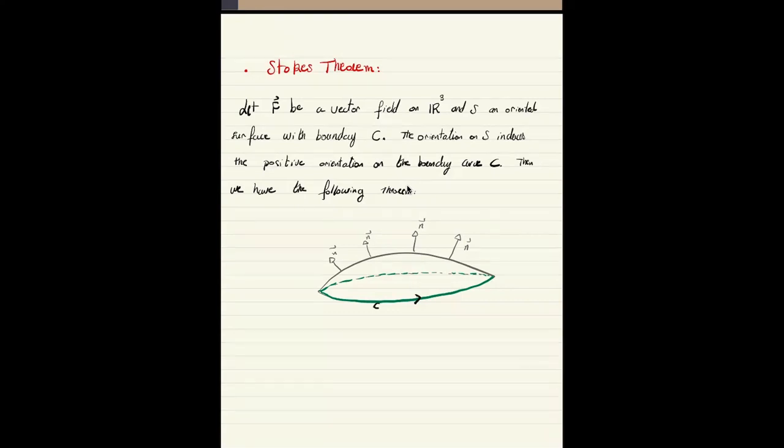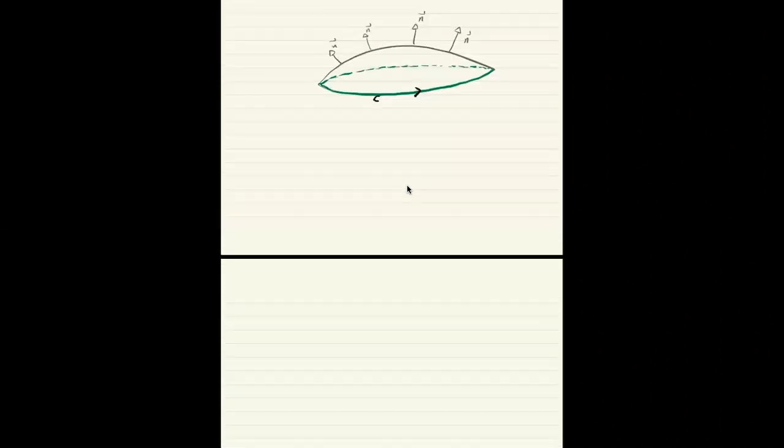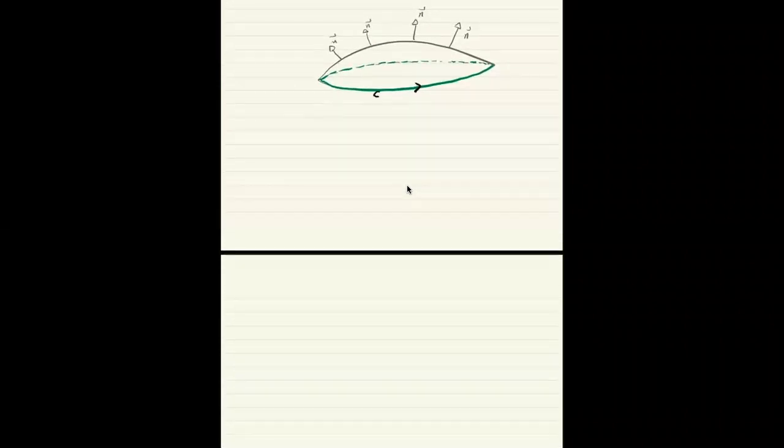And now we can speak about this. I have a vector field everywhere. This is R3.